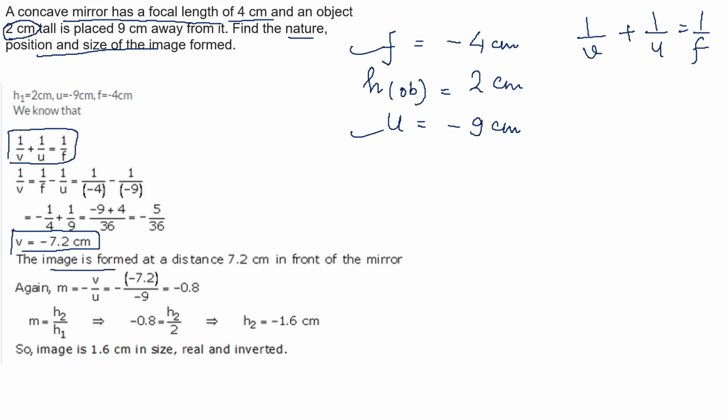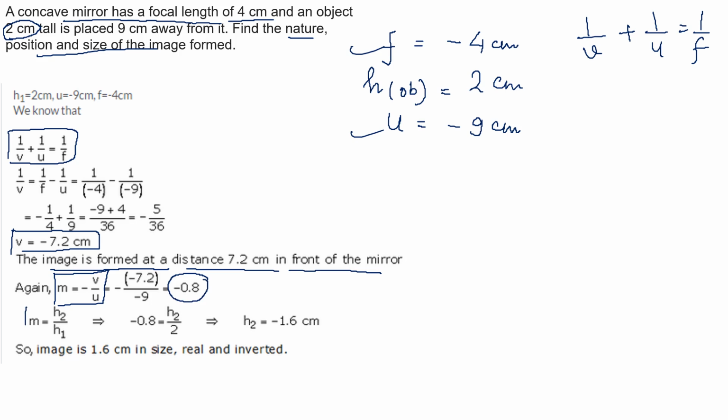So the image is formed at a distance of 7.2 centimeter in front of the mirror. Now, m is equal to minus v by u. We know magnification is calculated with this formula. So magnification is coming as minus 0.8, which is less than 1. It means the image is smaller in size.